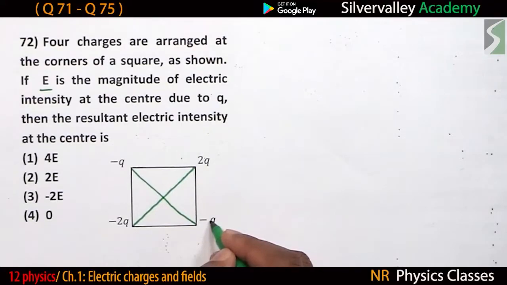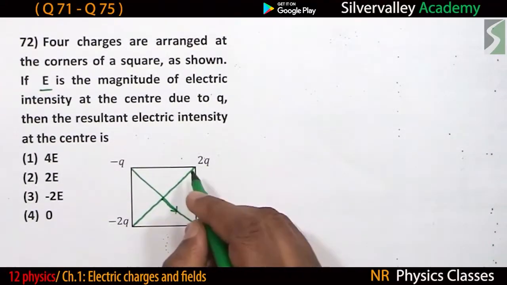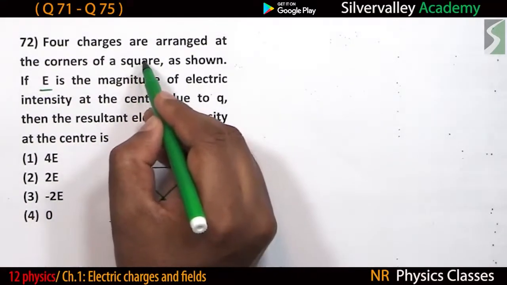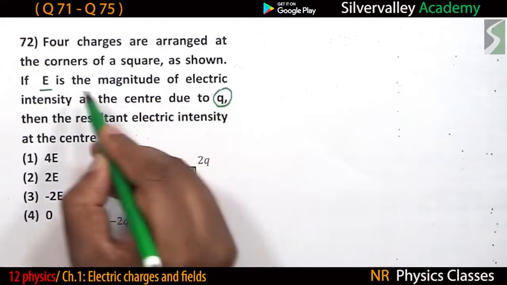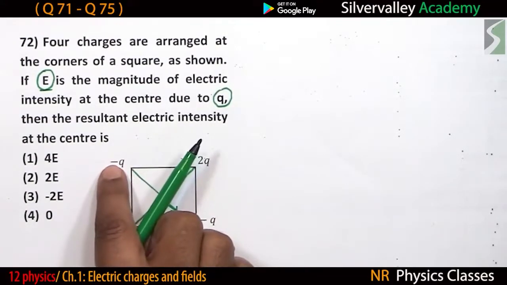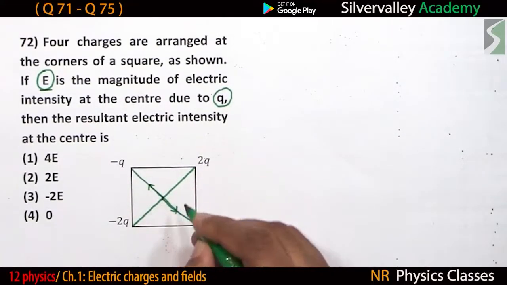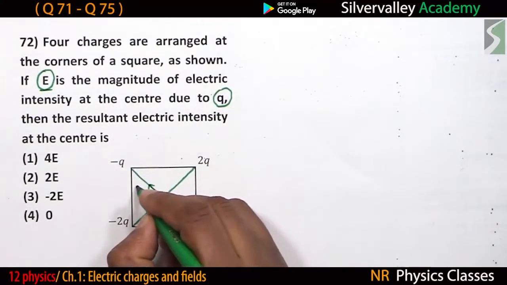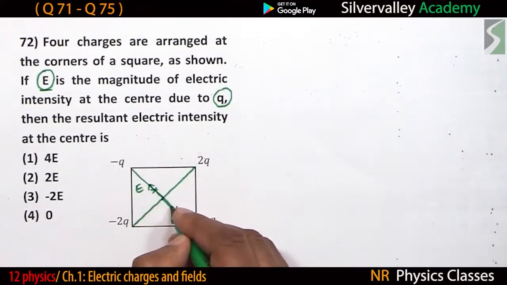Because of minus Q, electric field is towards. Because of Q, electric field is E. Because of minus Q, magnitude is E, but towards. So this is E, this is also E. These two are equal and opposite, they cancel.